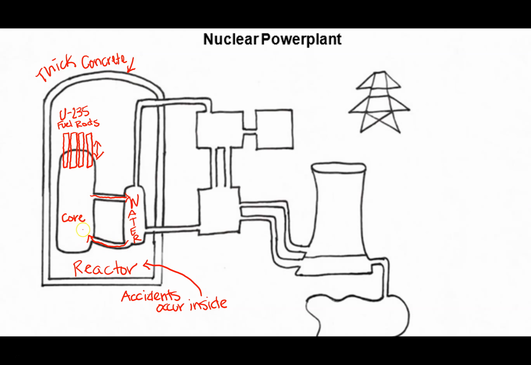So this time we don't have fire, we have the heat coming off of the energy produced by this reaction that's occurring. So when it comes out of the core, it's super heated, and it goes up through these pipes here, and at this point it is steam.